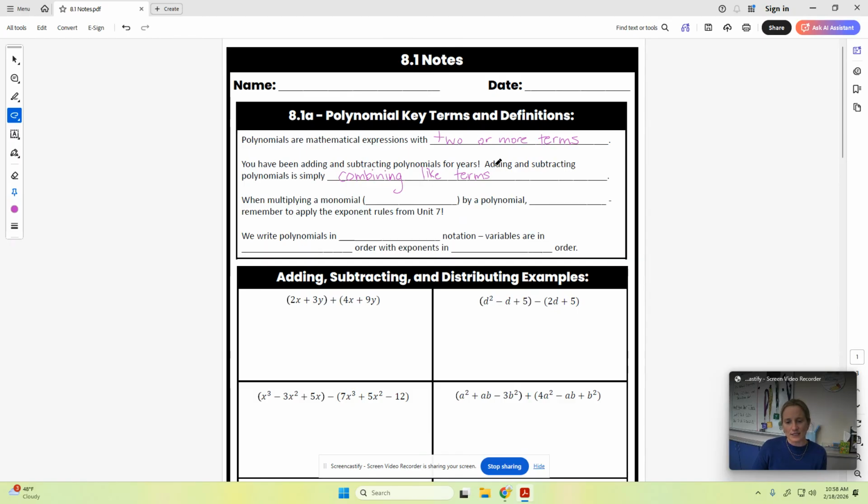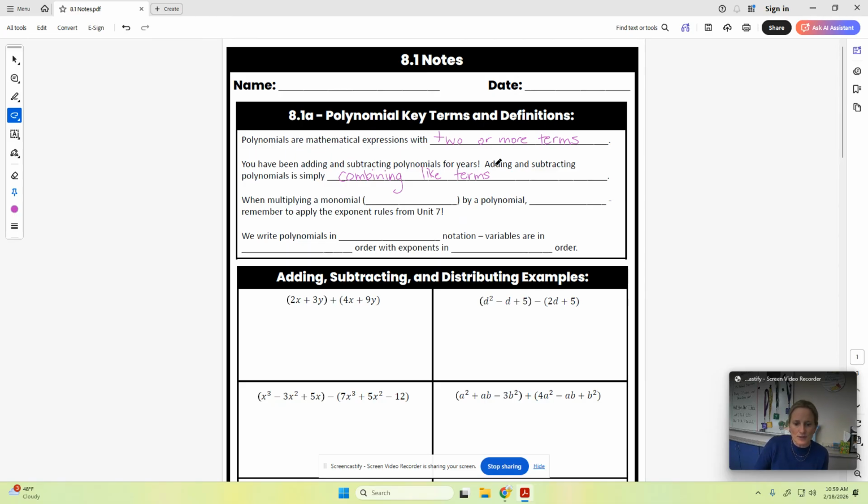So some of our like terms are going to get a little bit more complicated than they were in years past, but it's still the same idea. And you saw this pop up if you did the medium assignment from the 7.2 choice board, where the first three problems involved combining like terms or adding and subtracting polynomials.